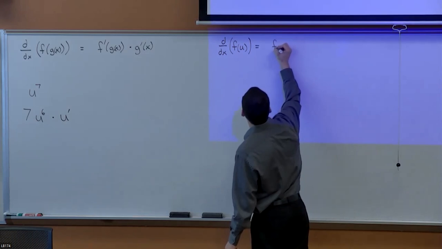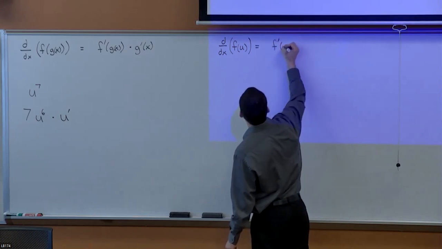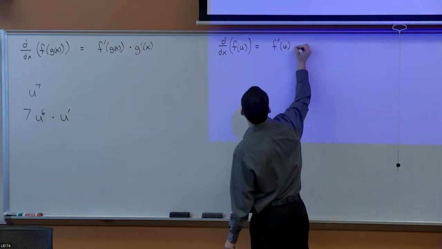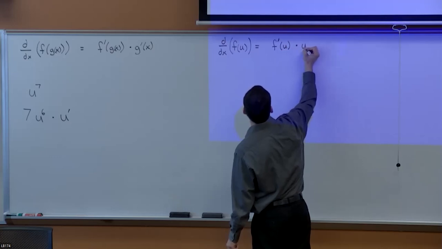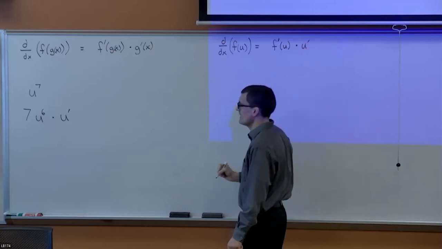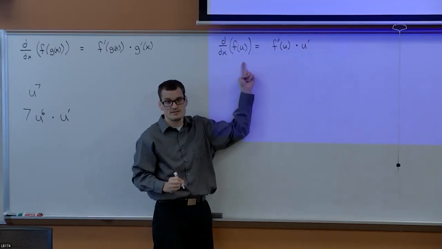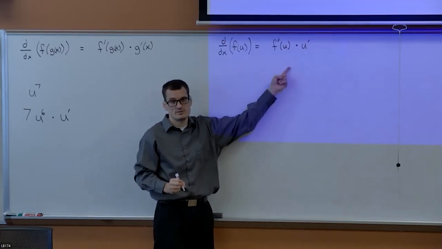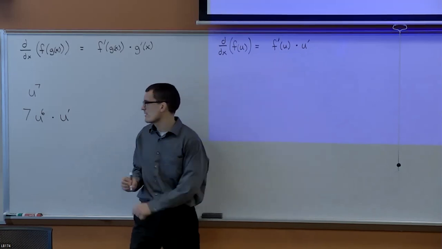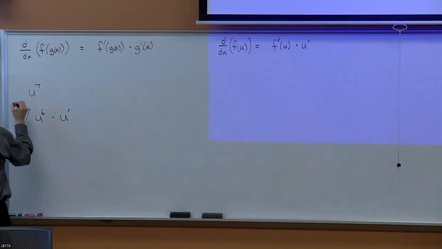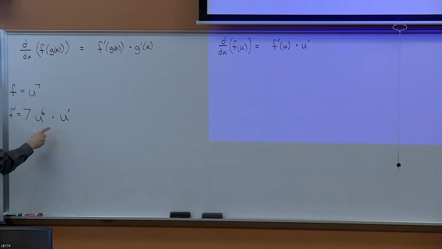It's the derivative of f with the same input multiplied times the derivative of that inside function. So this is another way to write the chain rule. So f is equal to u to the 7th, f prime is equal to that.